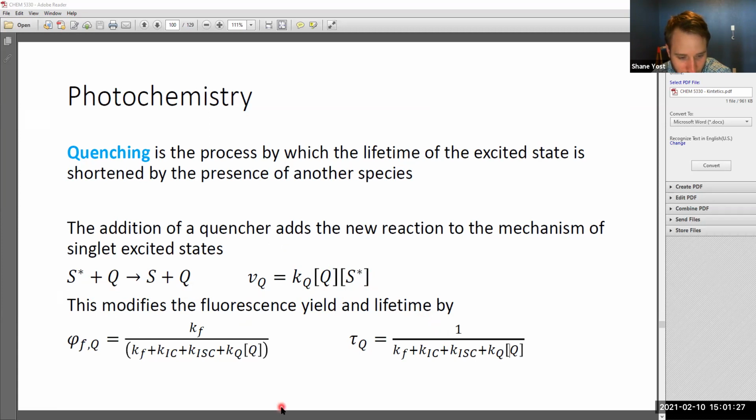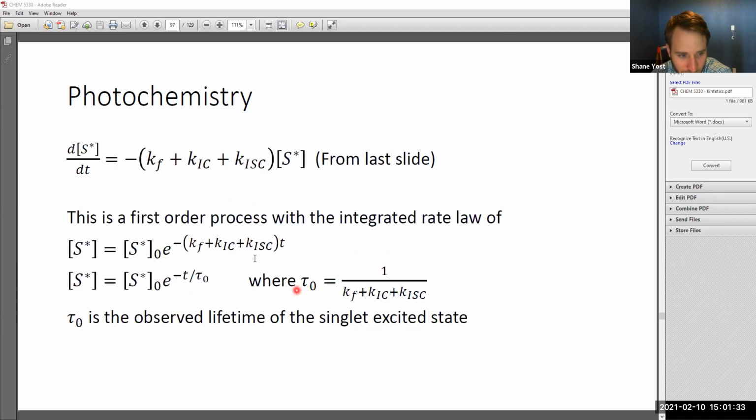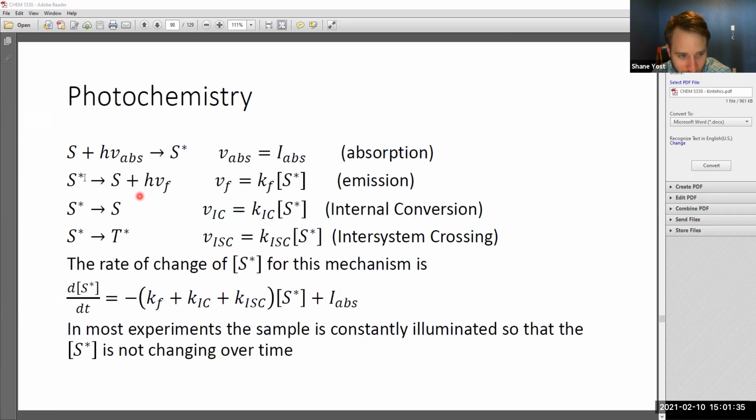So basically all this does is add an extra equation to the set of equations we had before. We had these three equations for the decay of your system, and I just add one more equation for the decay, and that's the quenching rate.